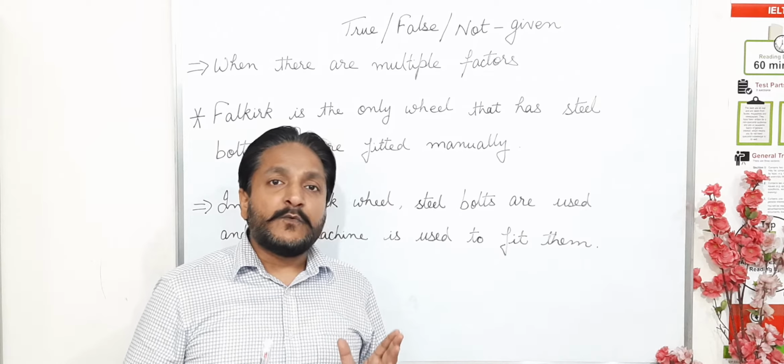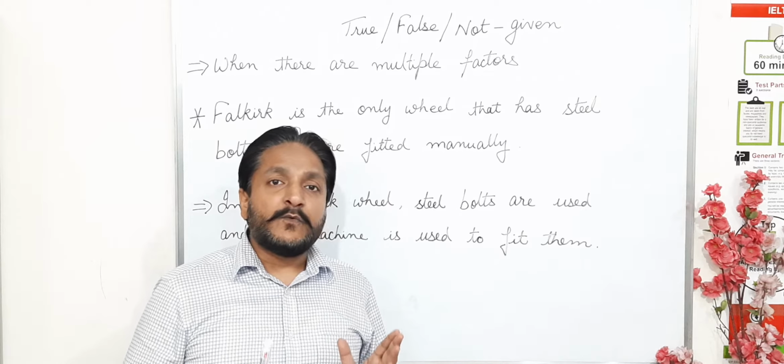So suppose in your question it says that Falkirk is the only wheel that has steel bolts and they are fitted manually. What I've seen is, guys, suppose this is your reading question paper and this question is written over here.